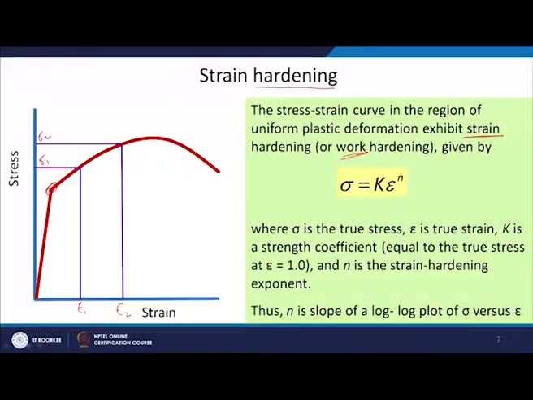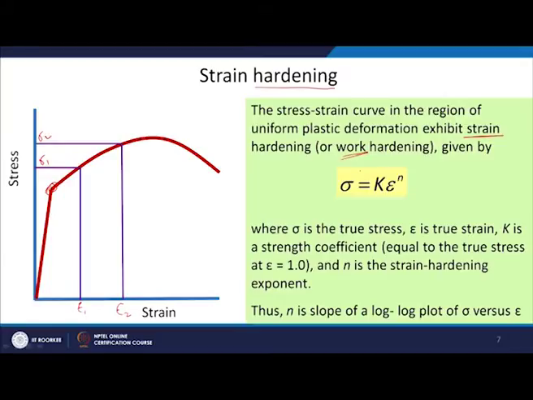You are working on it and it is getting hardened. In more technical terms, what you are doing is putting strain in the material, and the material is getting hardened because of this strain. So, you can call it strain hardening or work hardening, both terms mean the same thing.